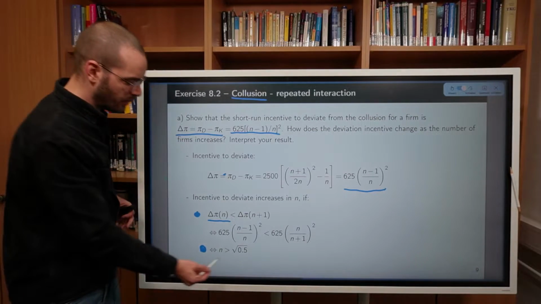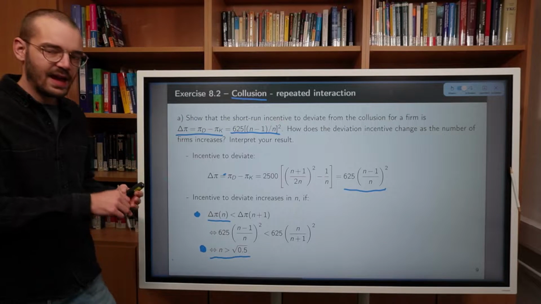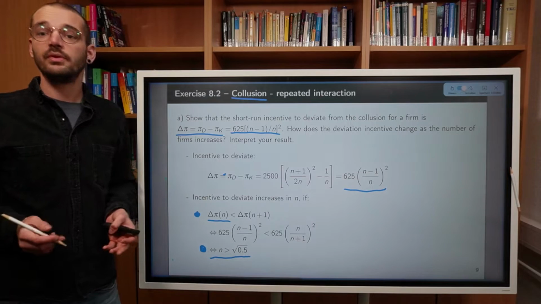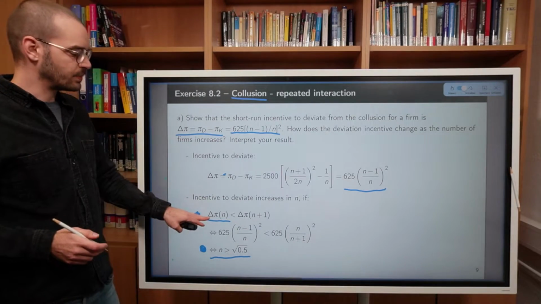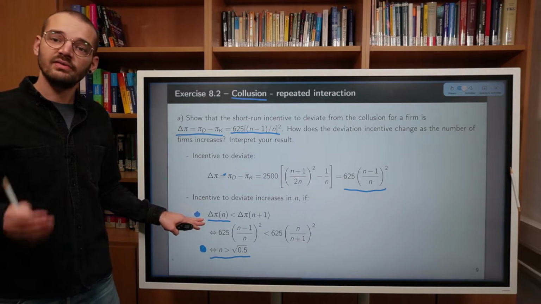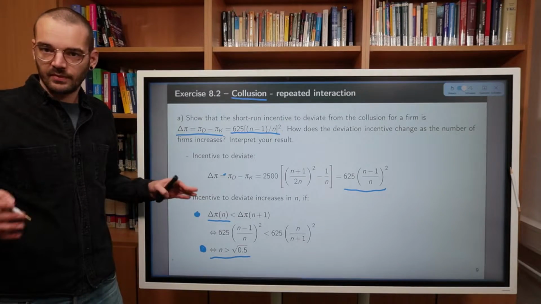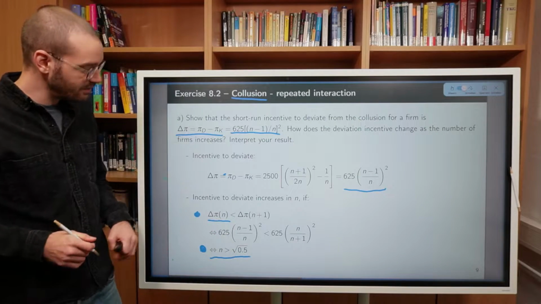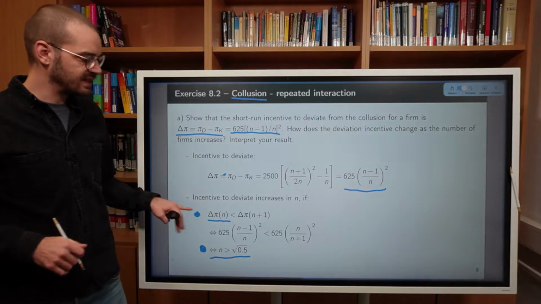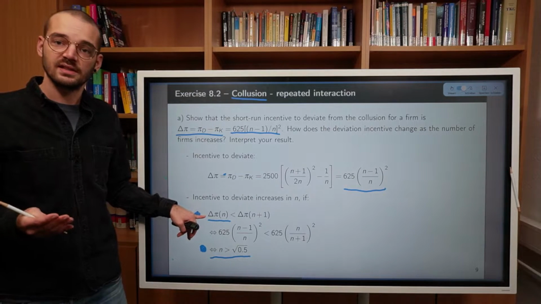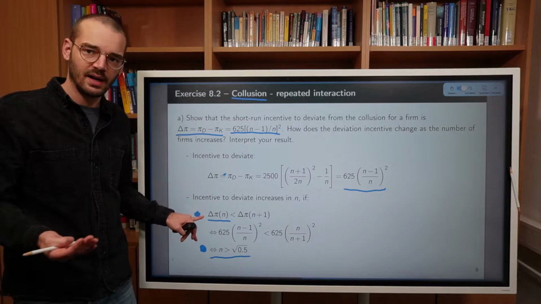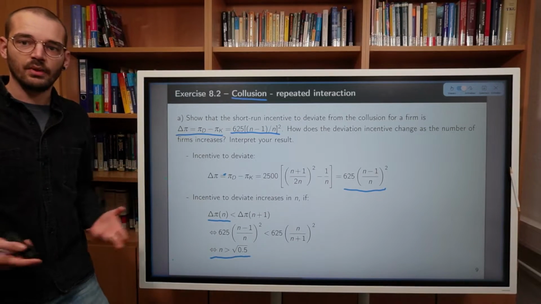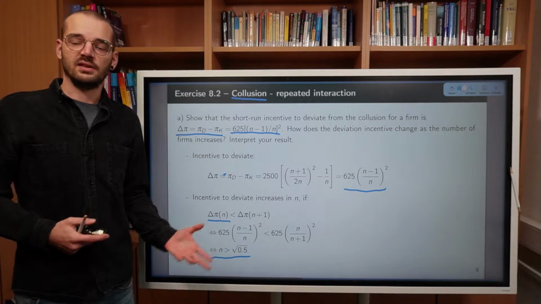So what we can see here is that for any feasible number of firms, anything larger than the square root of 0.5, it is true that the incentive to deviate increases if there is one additional firm in the market. Quite a curious result. So the more firms in the market, the bigger the incentive to deviate.